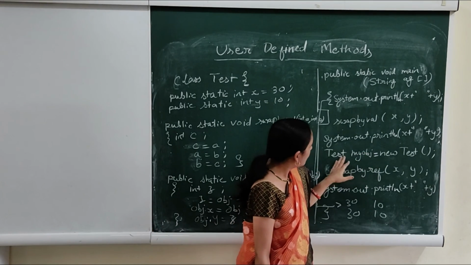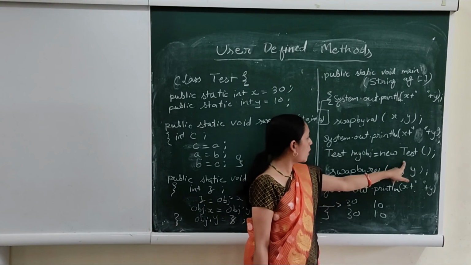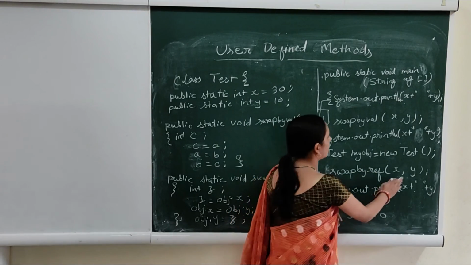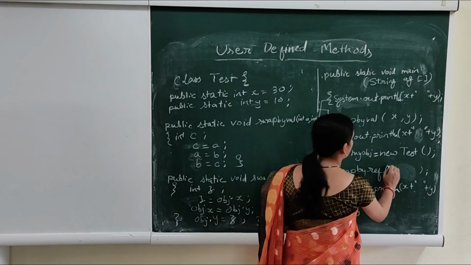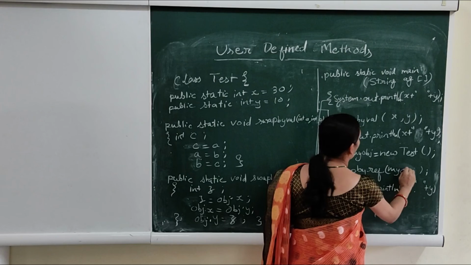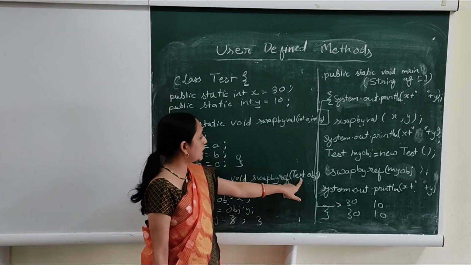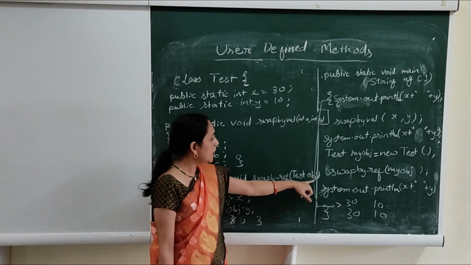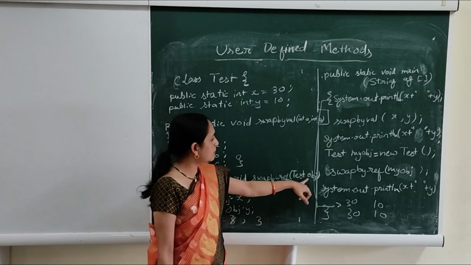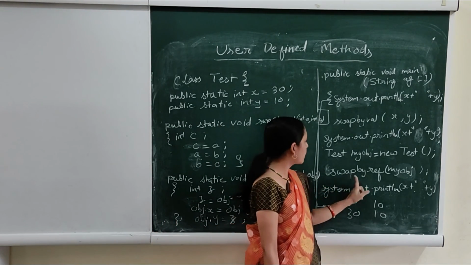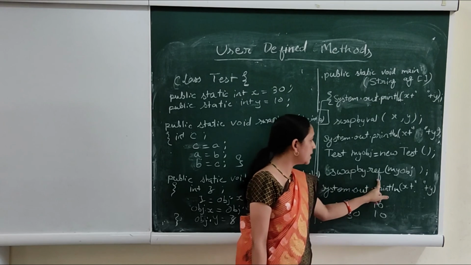After that we have created one object named my object new. Then we call the function by passing the reference. Here I am passing the object. Why are we passing the object? Because the argument of this function is of type object. It accepts test type object. So here we have called the function swap by reference.